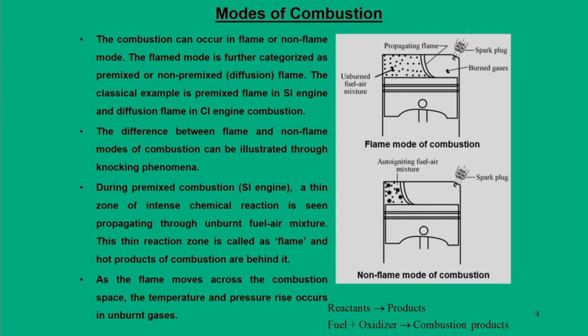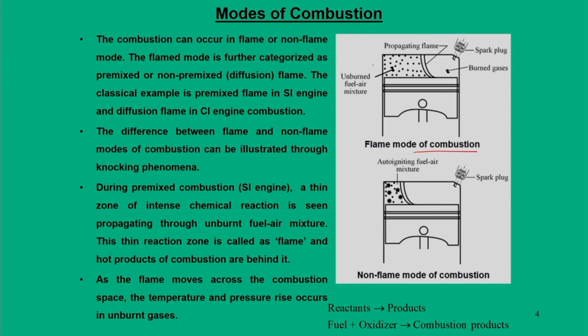For example, if you take an instance of premixed combustion in SI engines, there is a thin zone of intense chemical reactions that seems to be propagating in the unburnt air fuel mixtures. If you look at this particular figure, in a flame mode of combustion in SI engines, there is a propagating flame, and when the flame propagates, it means the reactants and oxidizers already have reacted.